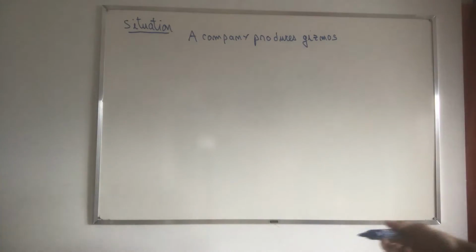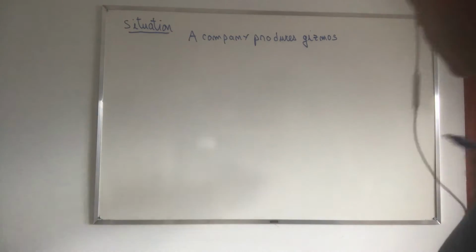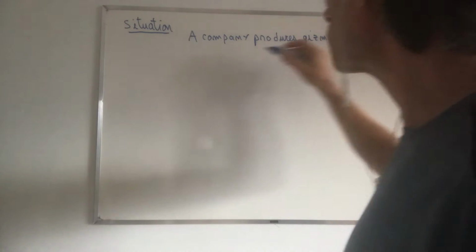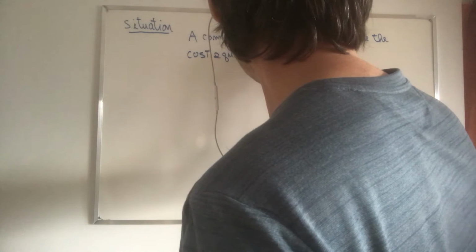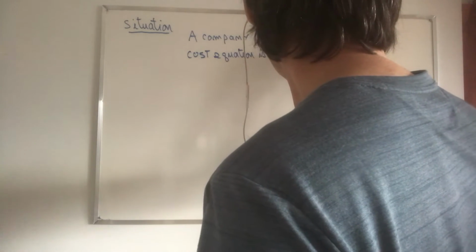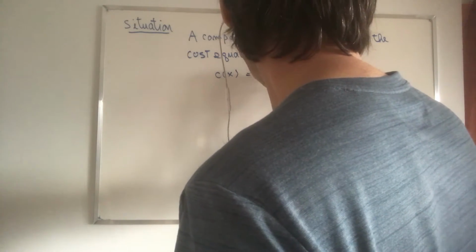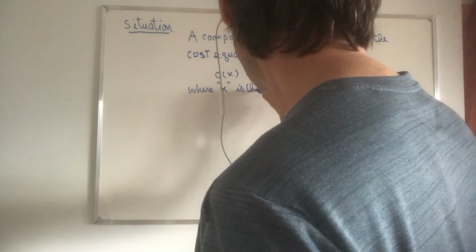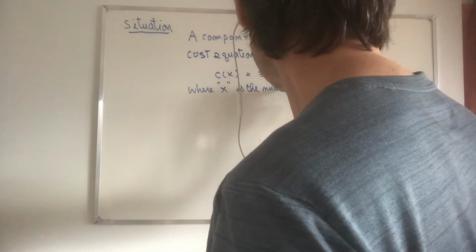The number of gizmos that they actually produce is unknown, but we know that there is a cost equation, where the cost equation is known to be, we're going to write this as C of x, let's say 350 plus x squared plus root x, where x is the number of gizmos produced.